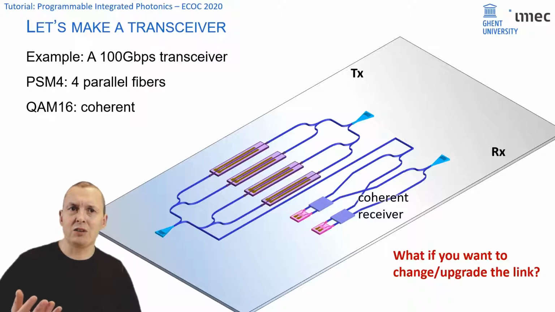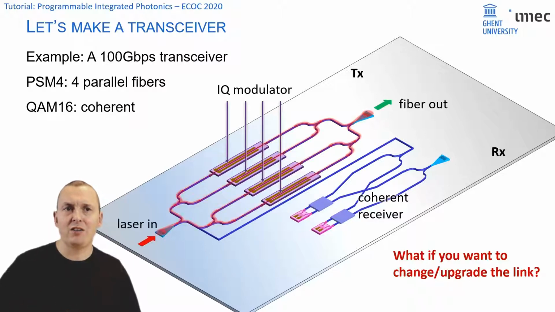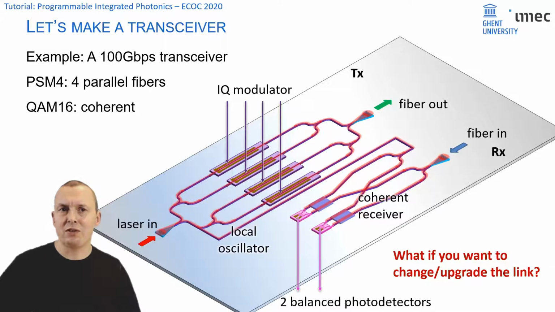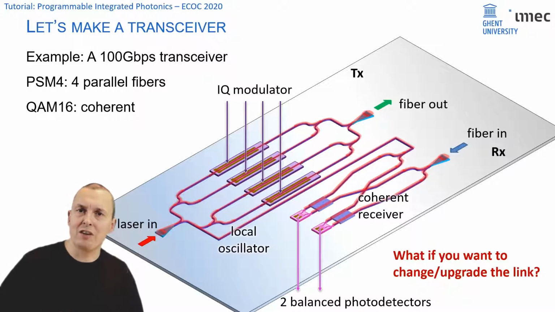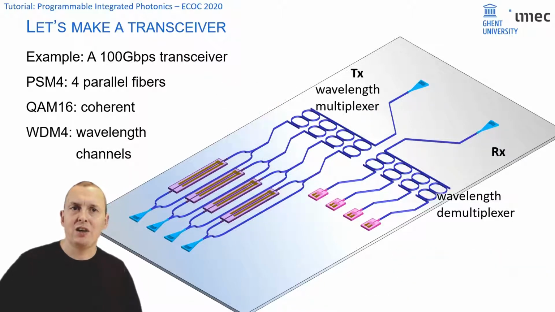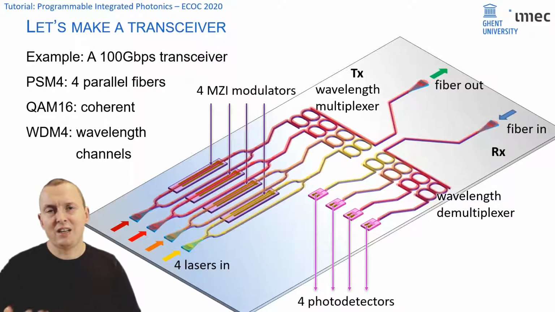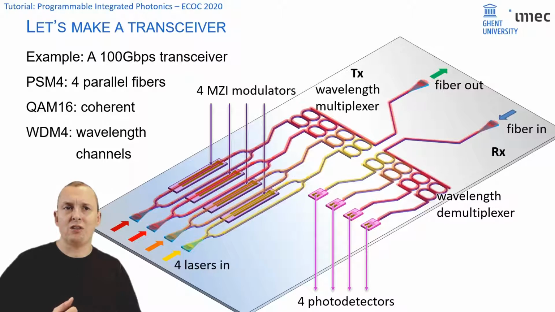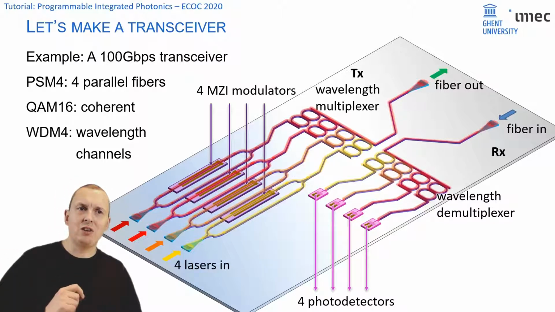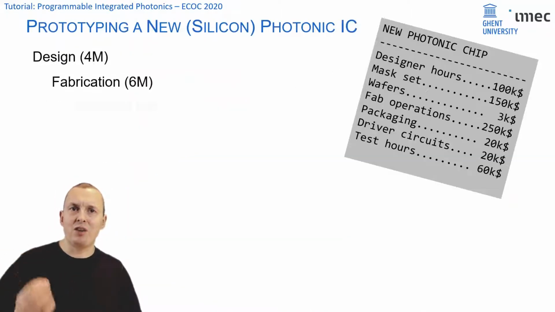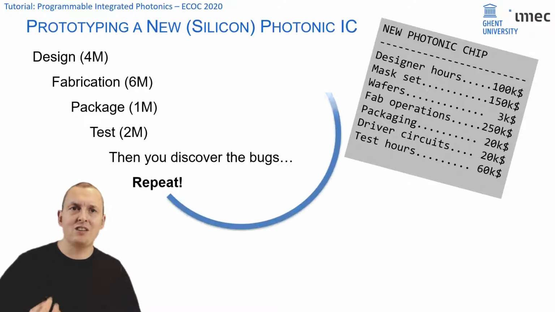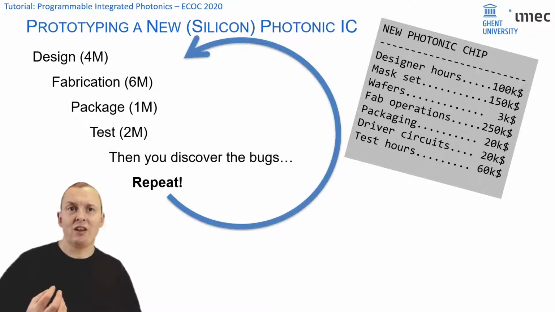You just have to configure them now into an IQ modulator and into a coherent receiver. And if you want to use the same modulators and detectors for, for instance, a wavelength division multiplexing link, you have to redesign the circuit again, this time integrating some wavelength multiplexer and demultiplexer, and building your new circuit. Every time you have to build that new circuit, you have to go to design, fabrication, packaging, testing phase, which can easily take you a year and like €500,000 to €1 million.